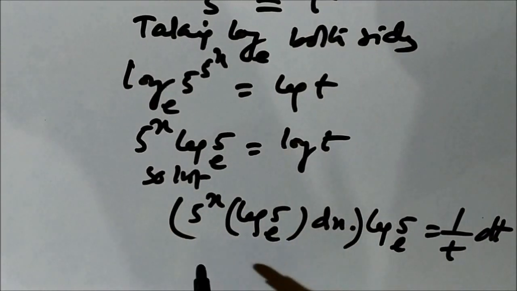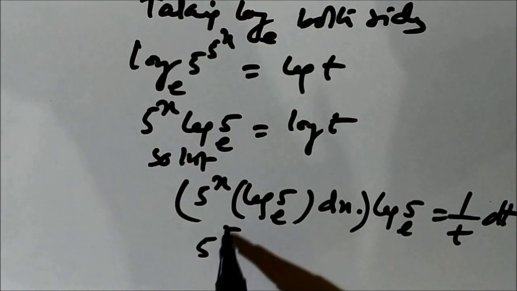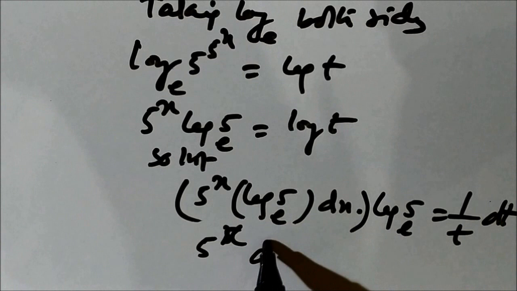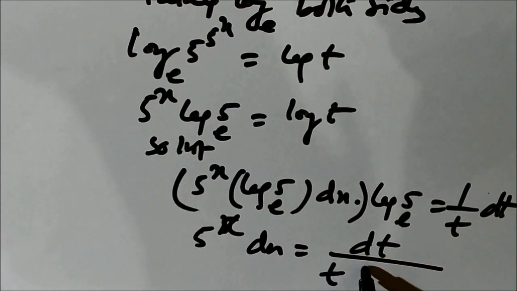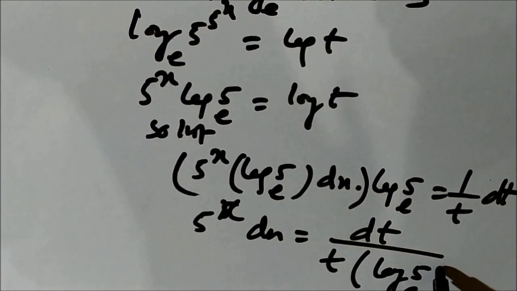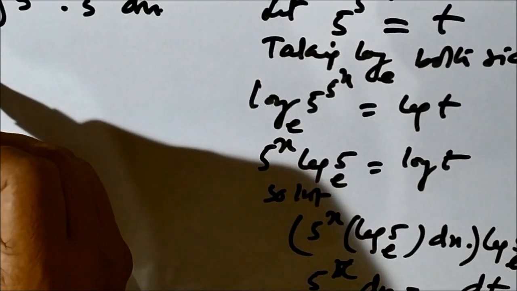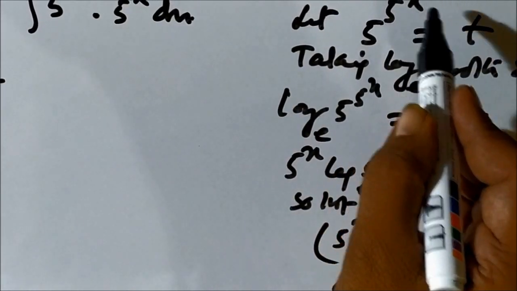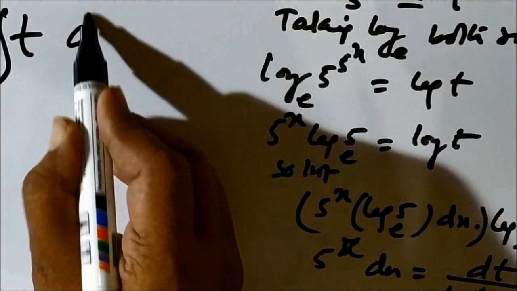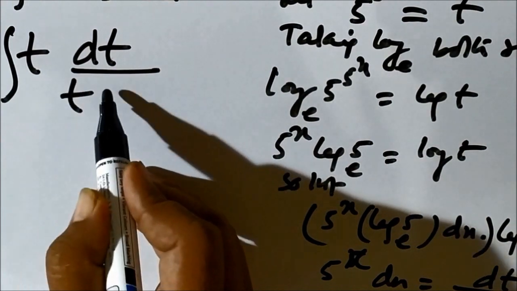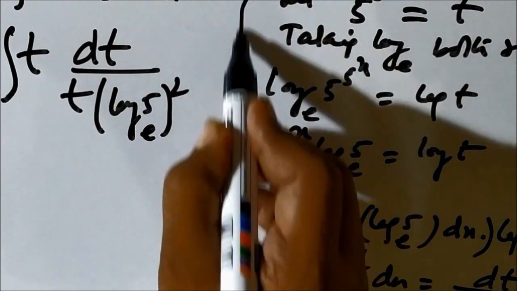Now 5 to the power x dx equal to dt by t into log 5 base e whole square, and this value, as we assume that 5 to the power 5 to the power x equal to t and 5 to the power x dx equal to dt by t log 5 base e whole square.